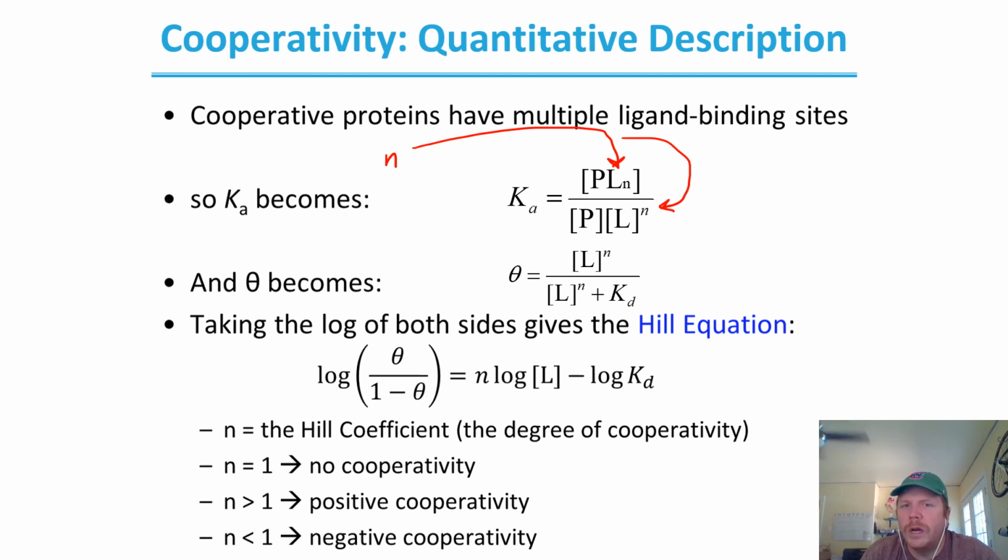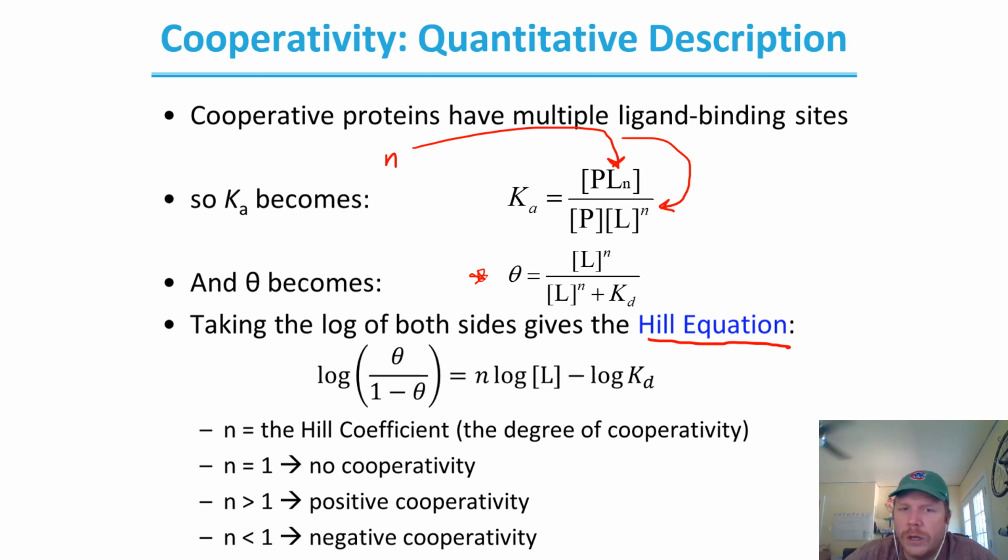But we rearrange that K sub A to meet this theta, or to be displayed as theta, and so theta is equal to L to the nth power divided by L to the nth power plus K sub D. Now that can be rearranged to make what is known as the Hill equation.